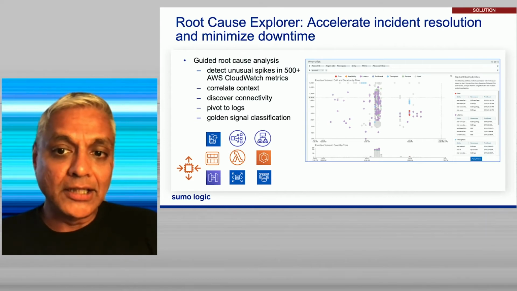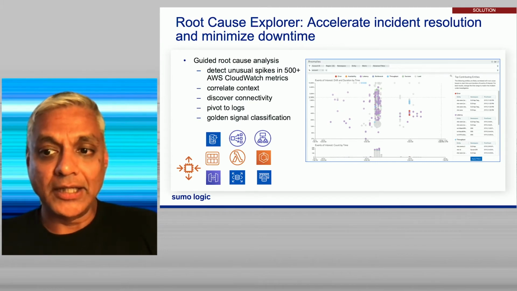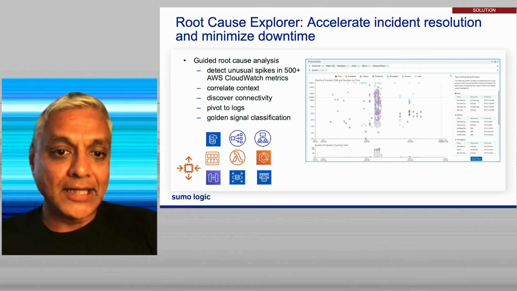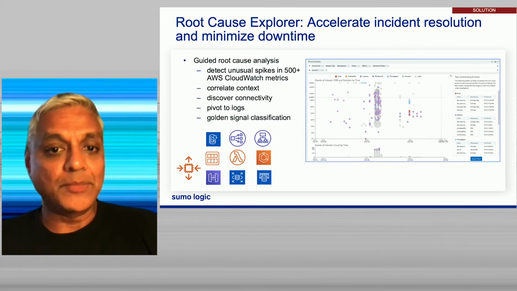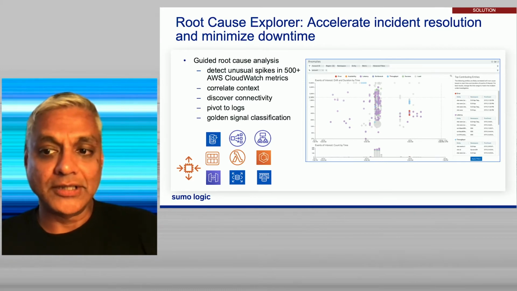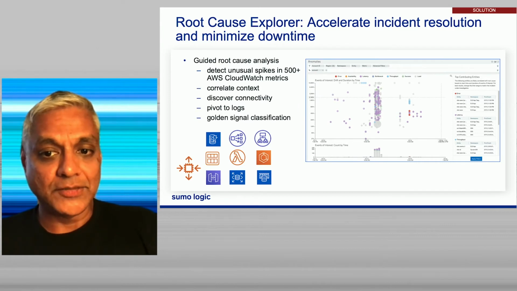In fact, in this screenshot, each dot that you see is an unusual spike in one metric. The x-axis is the timeline. The y-axis represents the extent of the spike compared to the expected value after adjusting for periodicity. And the size of the bubble represents the duration of the spike.